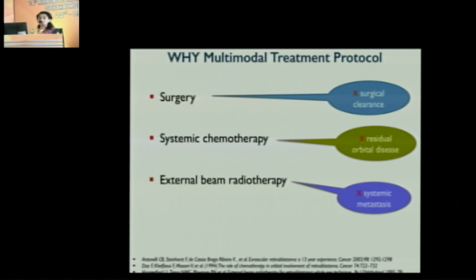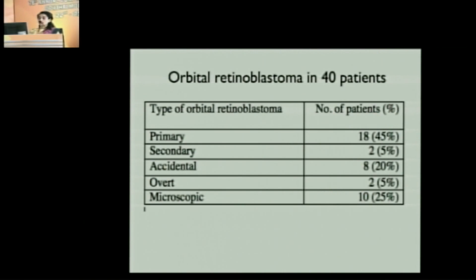External beam therapy can treat the residual orbital disease. You can hit it with radiotherapy, but it's not going to take care of the systemic metastasis. And that is exactly why there is a combination of neoadjuvant chemotherapy, enucleation, surgical clearance, external beam radiotherapy to hit those microscopic surgical residual, and catering to the systemic micrometastasis by high-dose adjuvant chemotherapy.